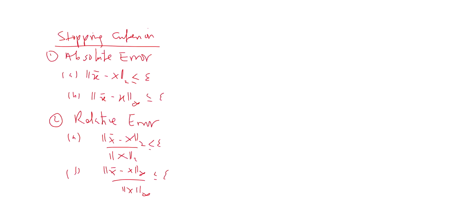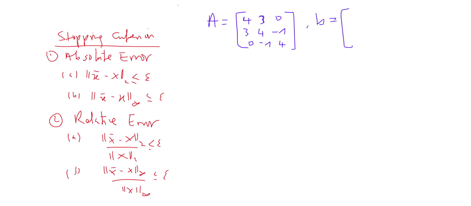So, for instance, if you have a matrix A consisting of 4, 3, 0; 3, 4, minus 1; 0, minus 1, 4, and some b, which is equal to 24, 30, minus 24, and you want to solve this using the methods that we've spoken about, the question is, when do we stop?